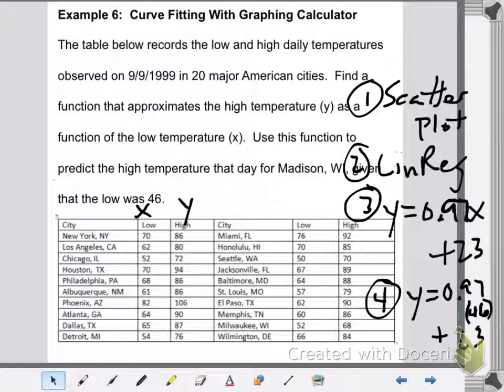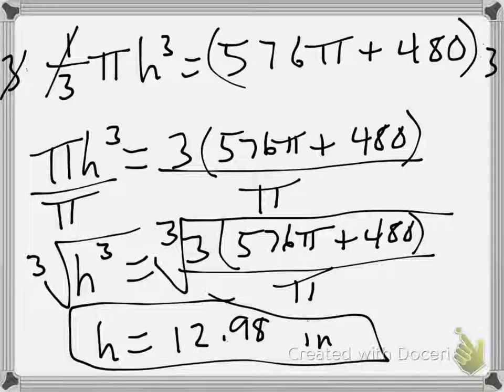So, the high temperature that day for Madison, Wisconsin was about 67.62 degrees. And if you do a little research, you'll find out that the actual high temperature that day in Madison, Wisconsin, was 67 degrees. Kind of interesting. So, that's all we got.